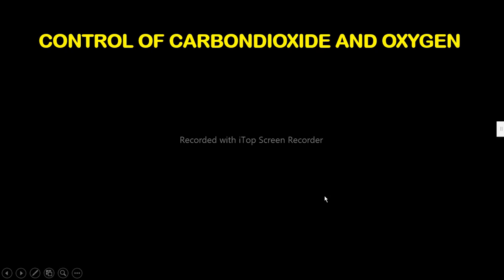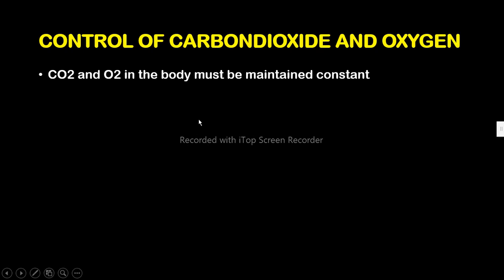Like I've told you, we saw how the rate of respiration can be controlled. And as you are controlling the rate of respiration, you are controlling the amount of carbon dioxide vis-a-vis oxygen in blood. So it has a direct connection with what we talked about previously. Carbon dioxide and oxygen in the tissues or in the body must obviously be maintained.